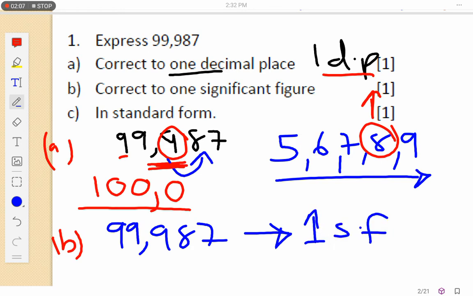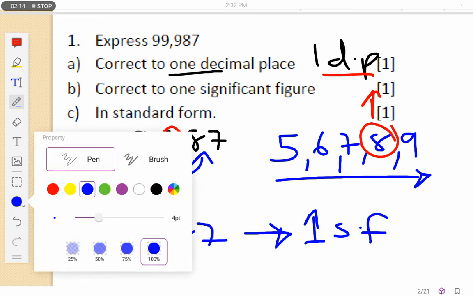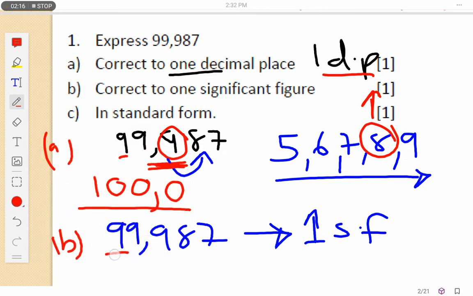When they say one significant figure, we go to our first number, that's one SF there. The first number is 9. Then we look at the second number, which is our 9 there. Is it a number that is 5 and above, like on the previous question? If it is, we have to round to the nearest number.